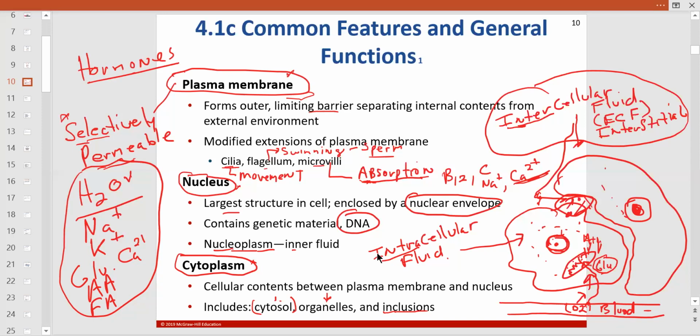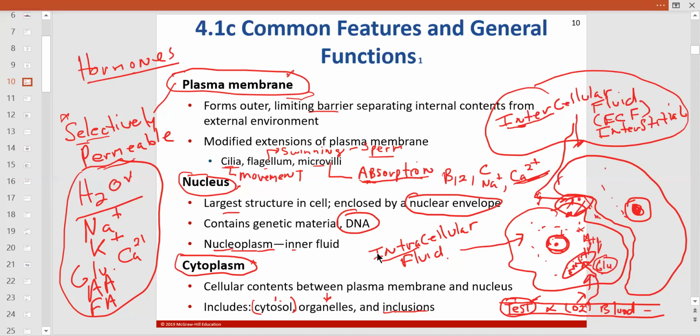So the fluid compartments are very important: extracellular fluid, intracellular fluid, which is also known as the cytosol, and the blood. Like testosterone, right? Madison's going through puberty, right? His testosterone is going crazy, right? So testosterone is lipid soluble. Watch how this works.